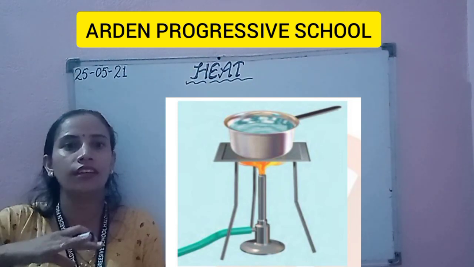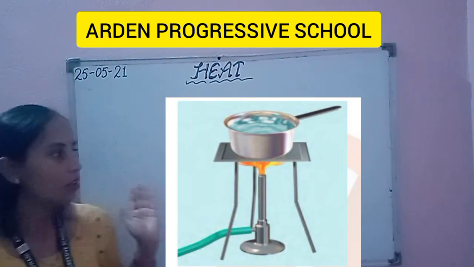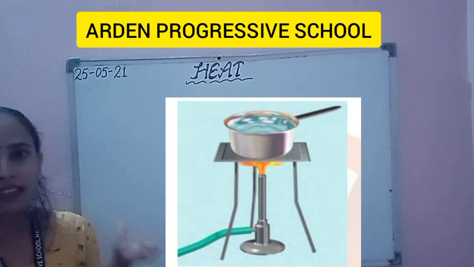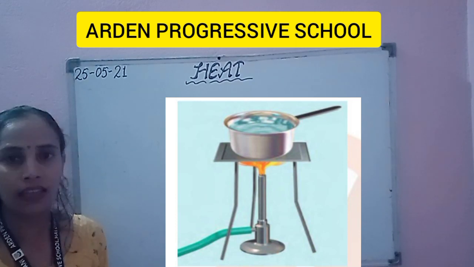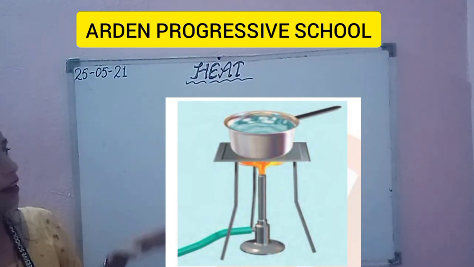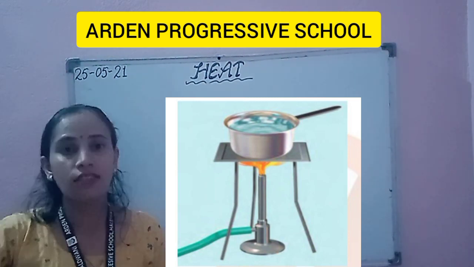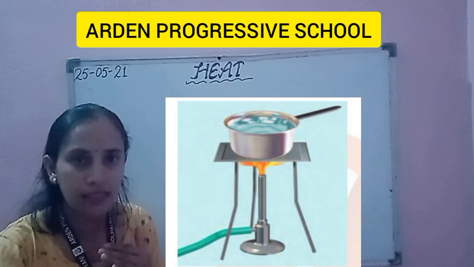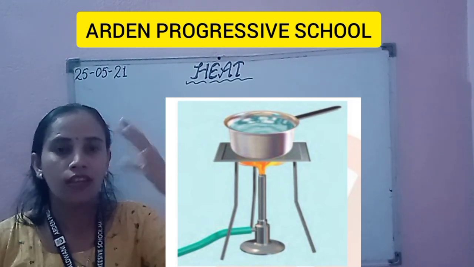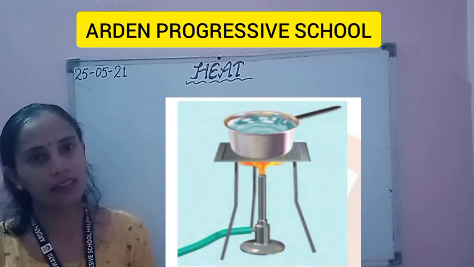With the help of the radiation, the pan becomes hot. Clear? And the pan is a solid part, it transfers the heat. So this is the conduction. Clear? And in the boiling water, the cold water goes inside the pan and the hot water comes above. So this cycling takes place. So this is the process of convection.